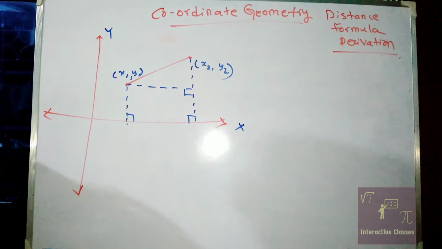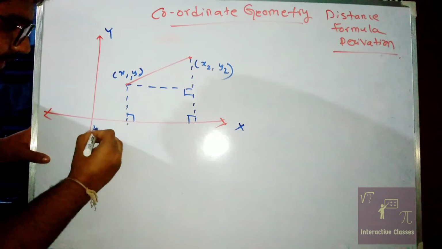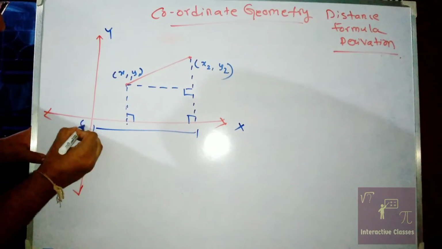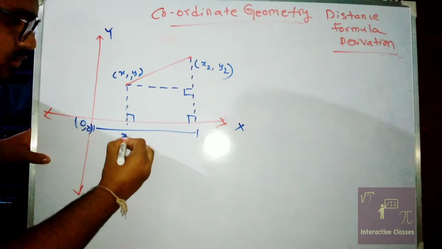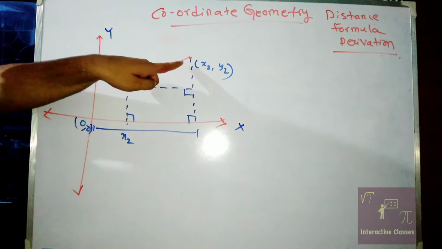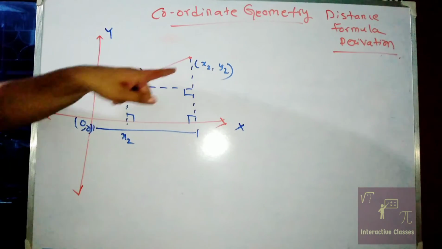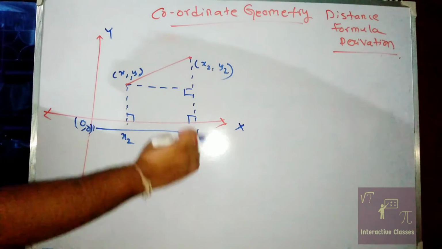Now from the previous concept, I can say that this is the origin, 0, 0, and this distance is x2. Why? Because here the coordinate is x2 y2. That means the distance covered in x is x2.